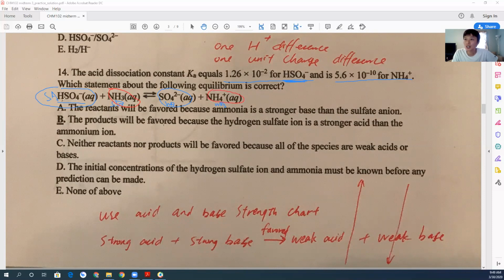HSO4 minus is the acid, and sulfate is its conjugate base. Ammonia is the base, and ammonium is the conjugate acid. So we know this reaction will proceed to the right, because the left hand side is stronger than the right hand side.